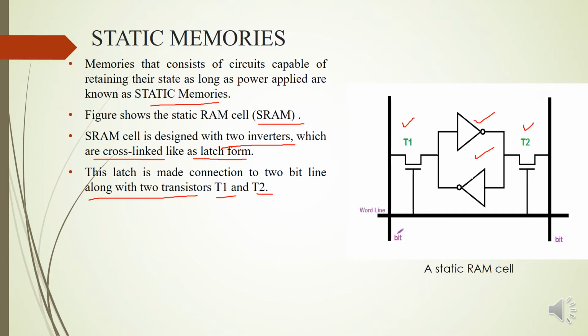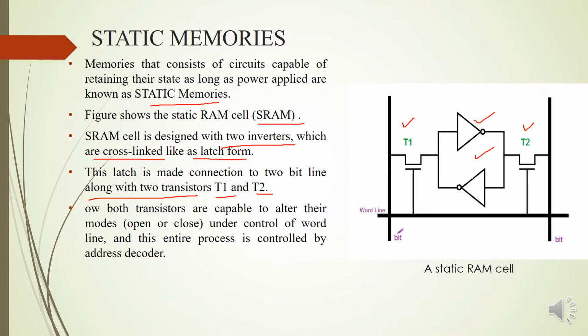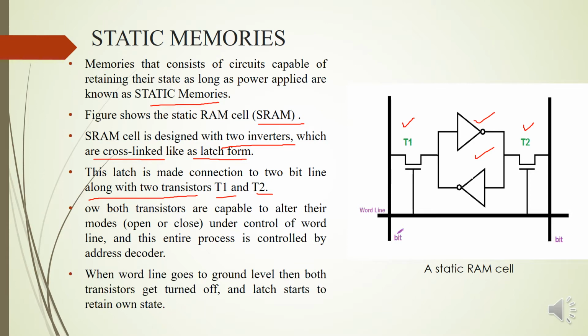One bit line will be the complement of the other. Both transistors are capable of altering their modes under control of the word line, and this entire process is controlled by the address decoder. When the word line goes to ground level, both transistors get turned off and the latch starts to retain its own state.